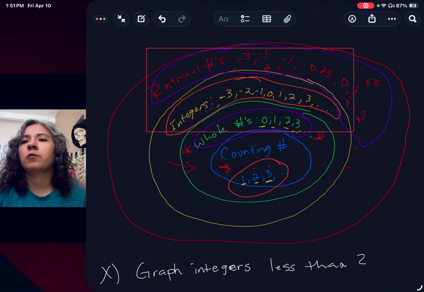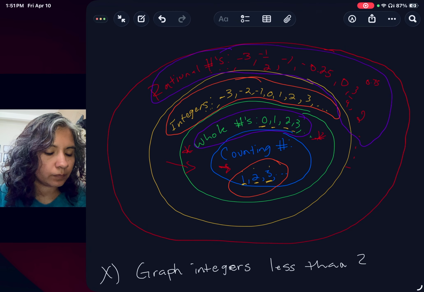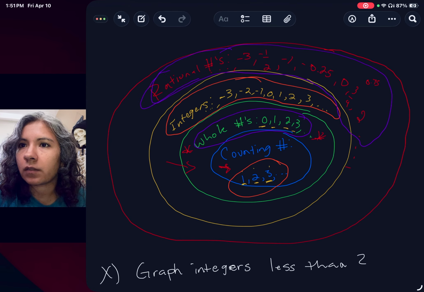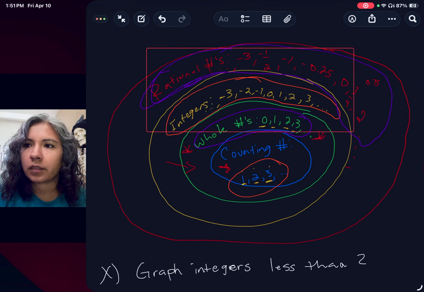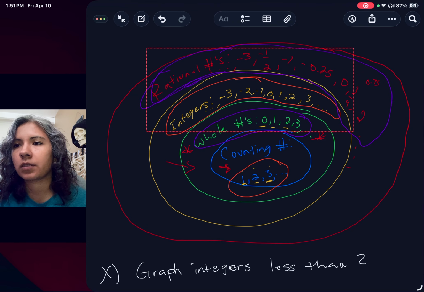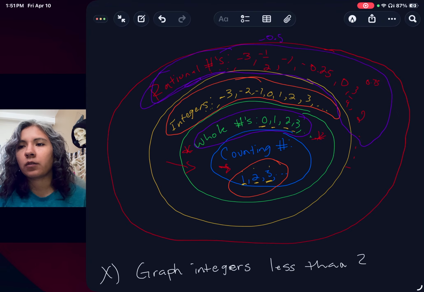This time we're saying all of the numbers on the outside are whole numbers. But whole numbers are only counting numbers that include 0. That means negative 0.5, that's not a whole number.